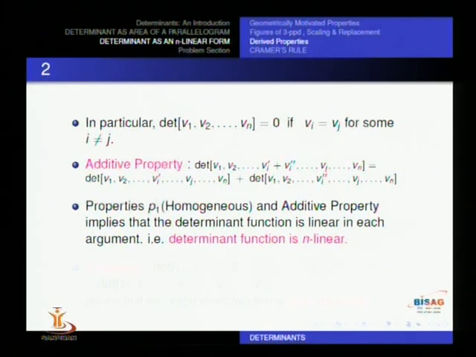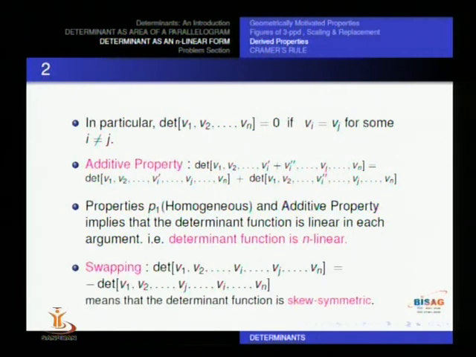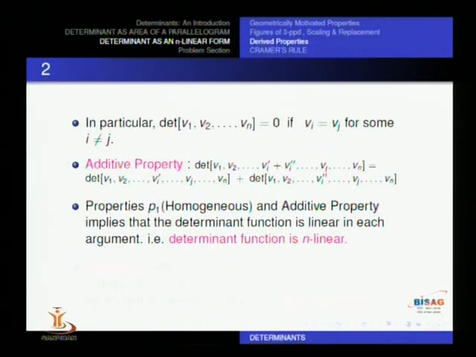This property, homogeneity, and additive property together define a special function called linear function. Additive and linear in each column, so the whole determinant is not a linear function. Determinant function is not a linear function, but column wise, or row wise, it is linear.